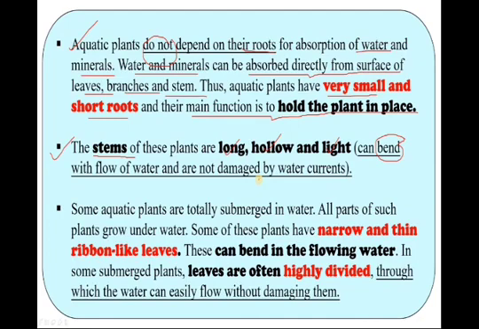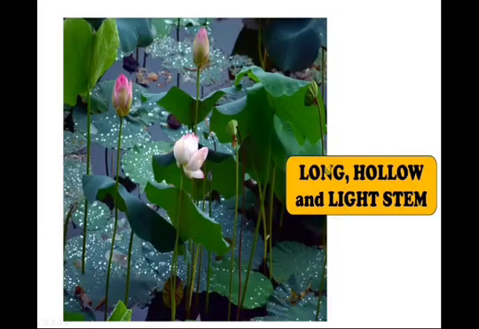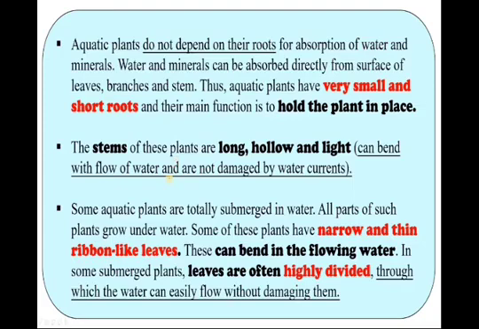It never gets damaged. It can hold, even though the stem is bent. Okay, look at here, a long, hollow and light stem is there. Next, some aquatic plants are totally submerged in water.